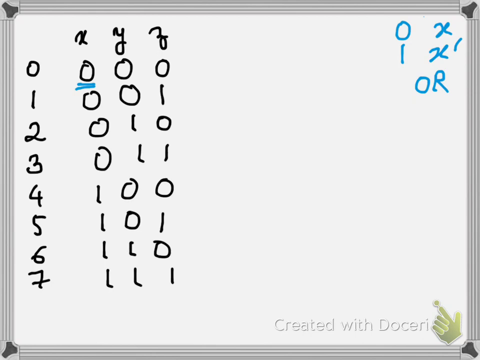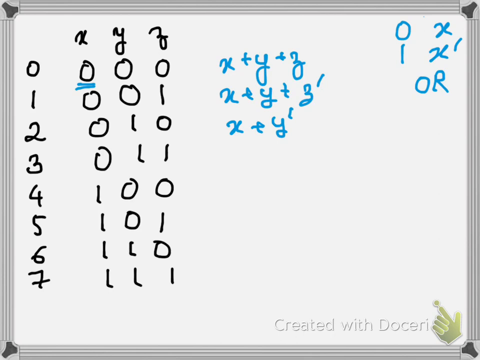So here what will we get? X is 0, so I will take x. Y is 0, so y is unprimed. Z is 0, unprimed. And then I'm going to combine them not by using the AND operator, but by using the OR operator. So I get x plus y plus z. Similarly for the second one, x plus y plus z dash. And the third is x plus y dash plus z.